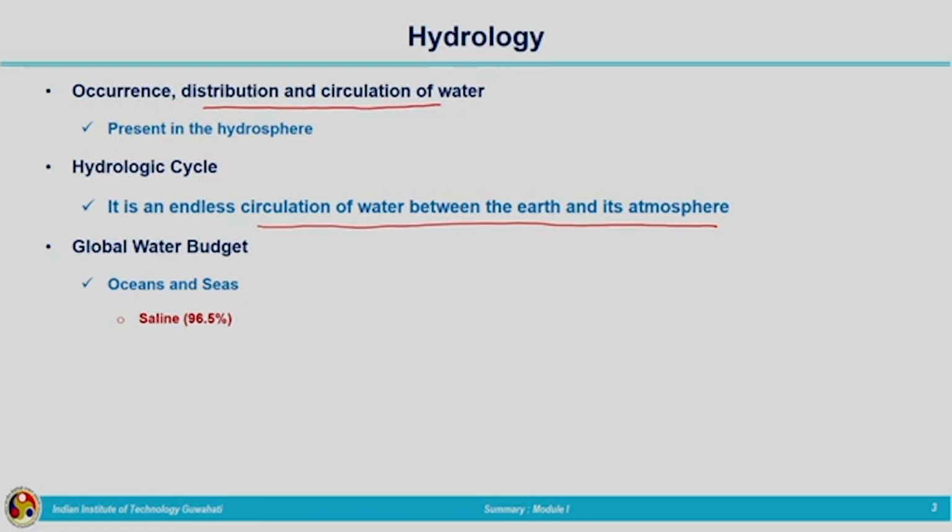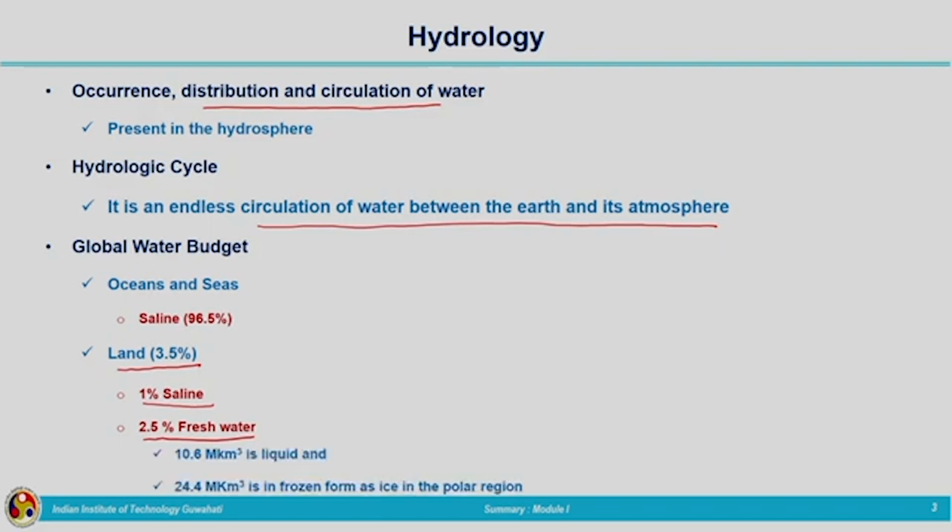It is saline water, and the remaining 3.5% of water is on earth, and out of that 3.5%, 1% is again saline, the remaining 2.5% is fresh water. Out of this 2.5% of fresh water, we can make use of around 10.6 million cubic kilometers in the liquid form, which can be utilized for our requirements. The remaining water is in the frozen form in the polar region in the form of glaciers.